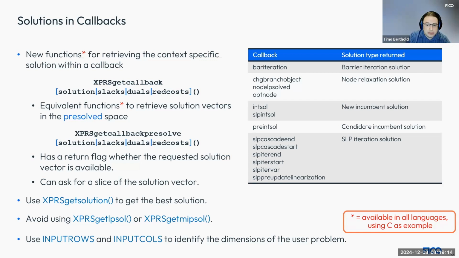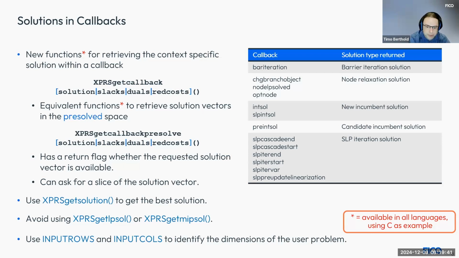Consequently, legacy functions like XPRSgetlpsol will eventually be phased out as the new approach offers a cleaner, more consistent interface here. And for those working with array dimensions, new attributes, like if you're using the C interface, new attributes like inputrows and inputcols provide problem size information directly, thereby hopefully further simplifying the user experience here.